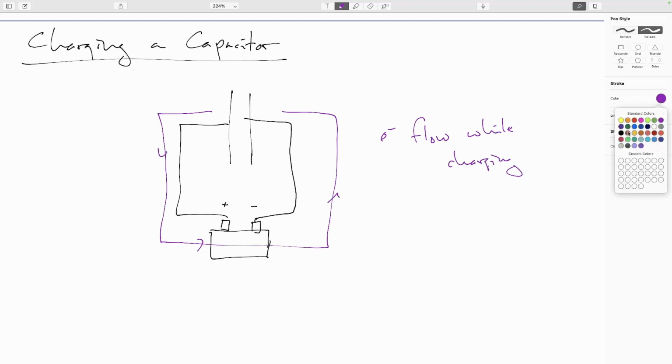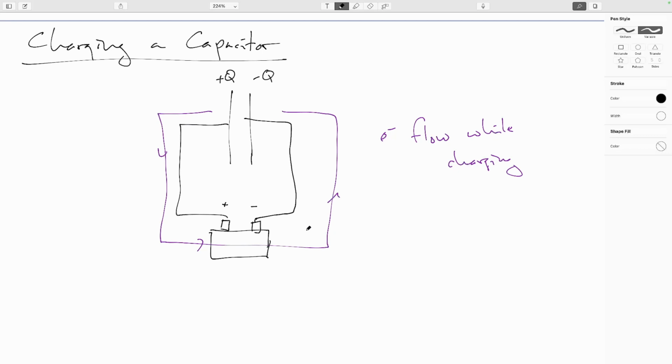So as it pulls electrons off of this plate, that will leave behind positive charges. So that's how this plate will pick up its charge plus Q. Meanwhile, the electrons will get deposited onto this plate, so that will become negative. So they'll pick up our charge negative Q, because however many came off of this plate will end up over at that plate. As we'll see, all batteries do is just move charge.